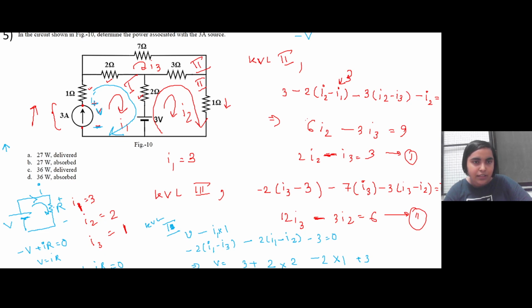So minus V plus I1 into 1 ohm resistance, right? Plus 2 into I1 minus I3. Then 2 into I1 minus I2 plus 3 equal to 0. This is what you must have written, right?